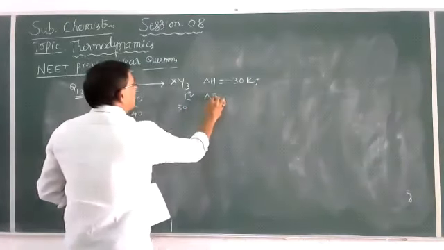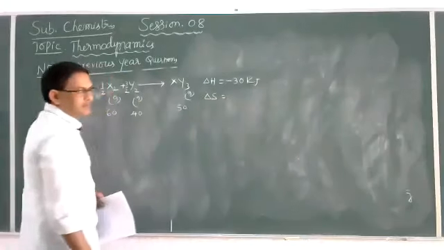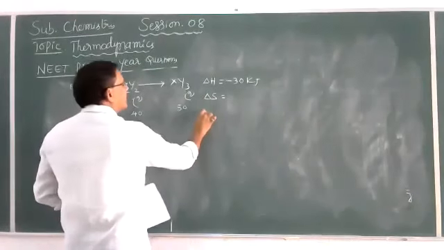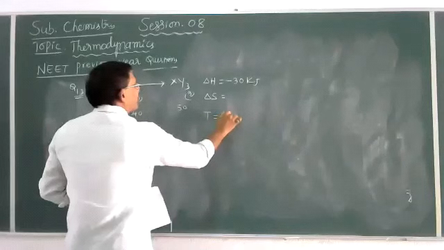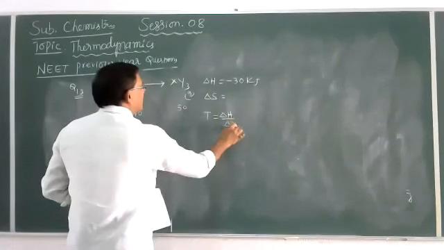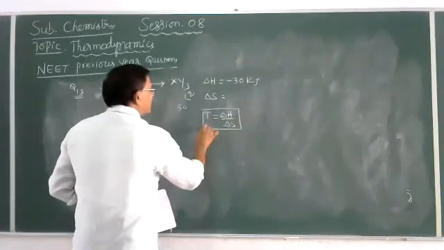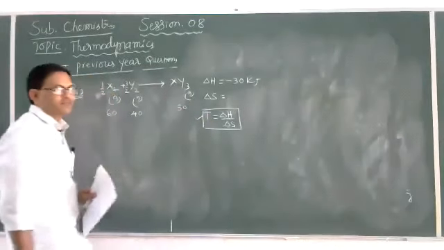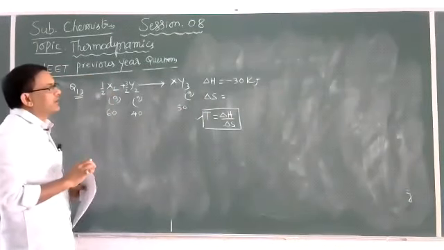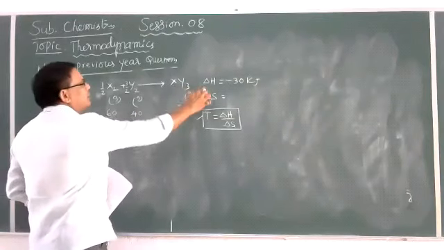We want delta S, because to calculate the temperature the formula is delta H by delta S. We want the temperature, so we need the enthalpy and entropy change.